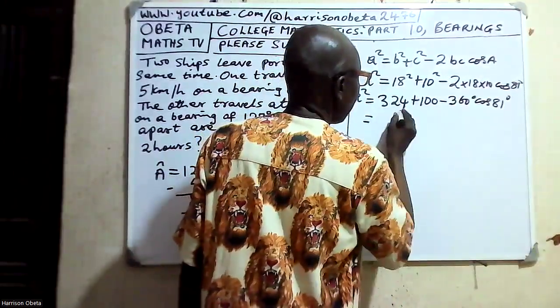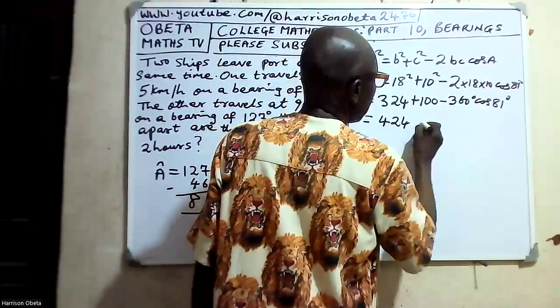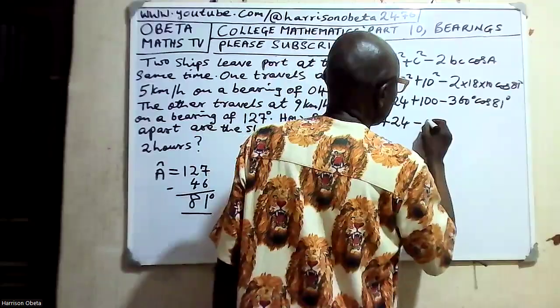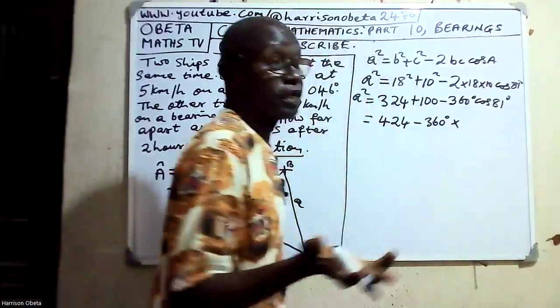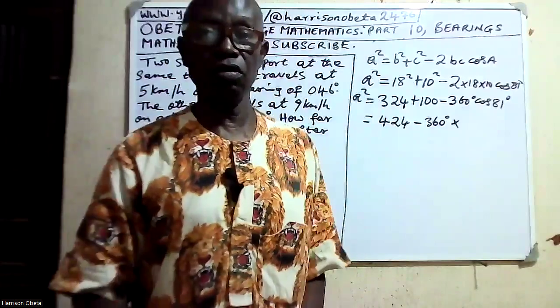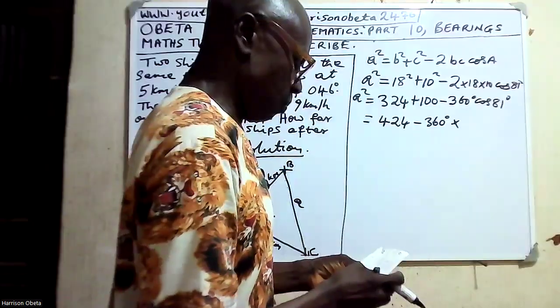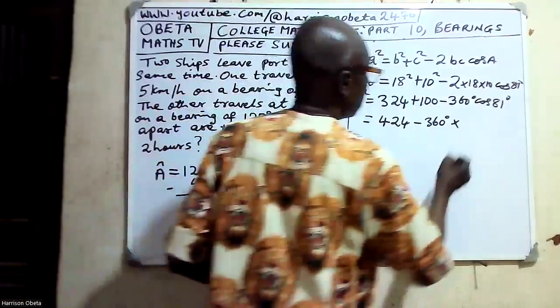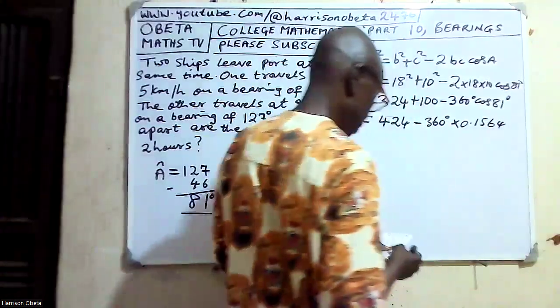So that will give us, adding it, 424 minus 360 times, you check either your calculator or four-figure table, and the cos 81 is 0.1564.